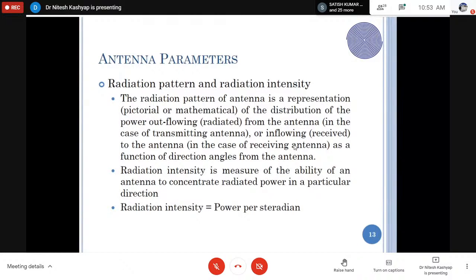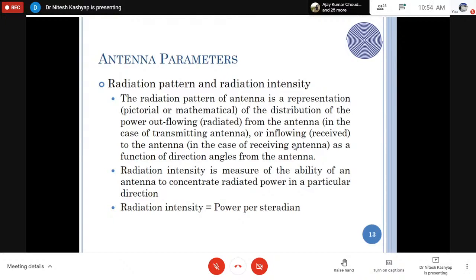In the antenna parameters, the radiation pattern and radiation intensity are correlated. So the radiation pattern of the antenna is a representation, basically the mathematical or pictorial view of the distribution of the power outflow from the antenna or inflowing to the antenna as a function of direction angle from the antenna.